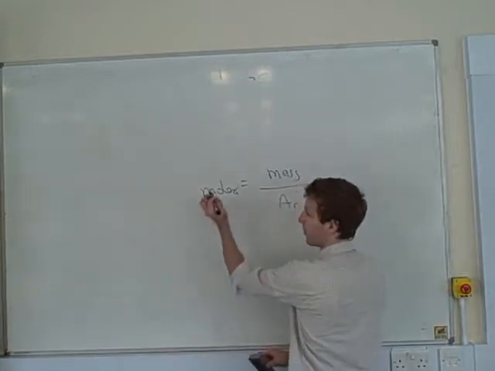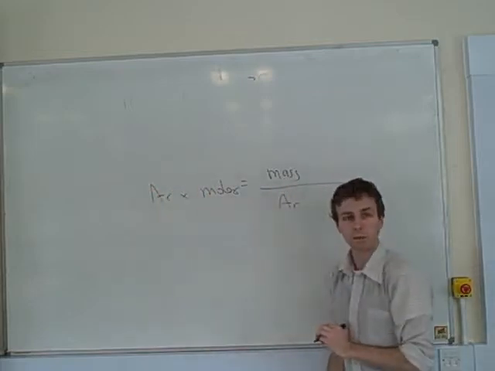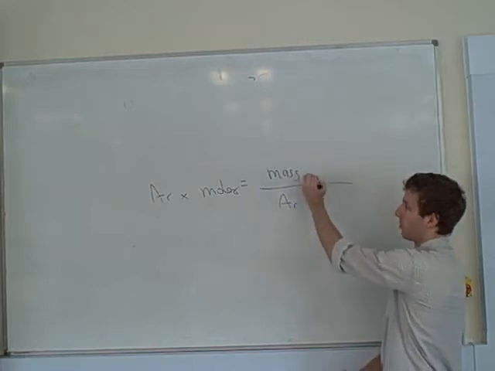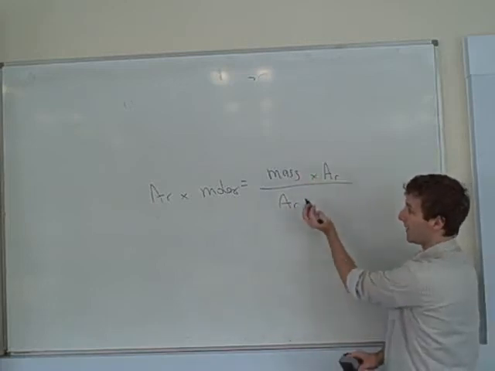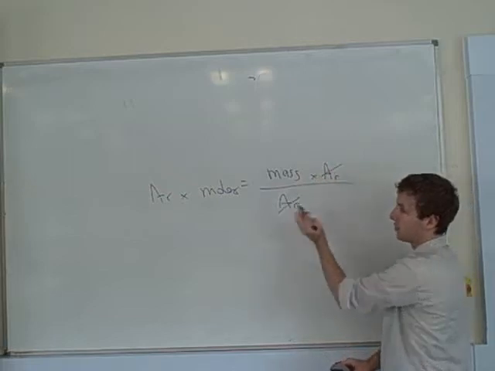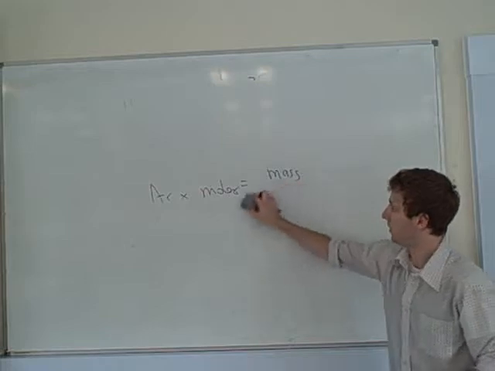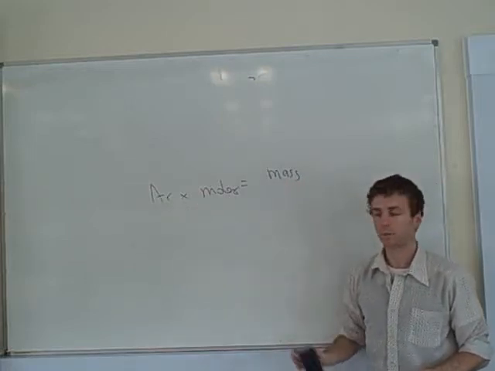So I'm going to multiply my left-hand side by Ar, so Ar times moles, and I'm going to multiply my right-hand side by Ar. Now that's going to put the Ar on the top. But what happens now is the Ar on the top cancels with the Ar on the bottom. So I've got mass equals Ar times moles.